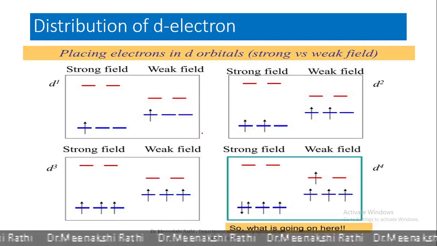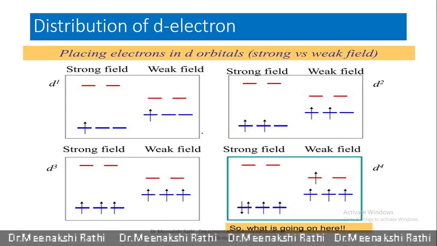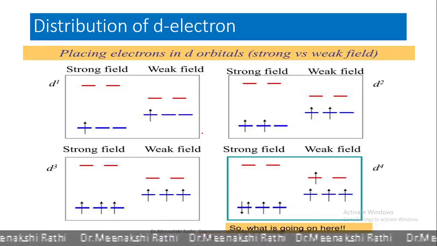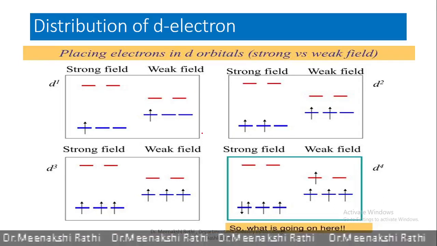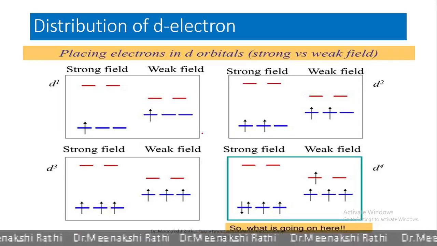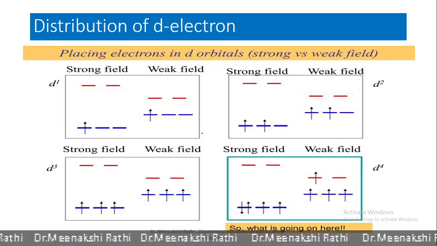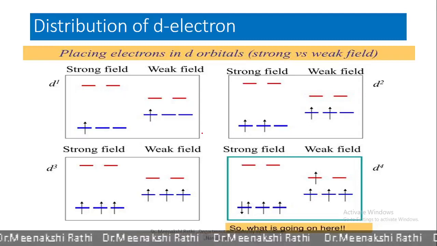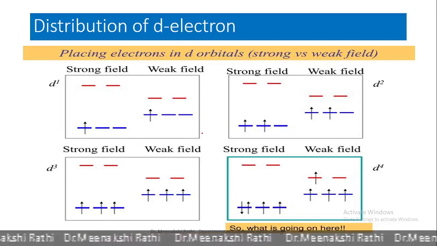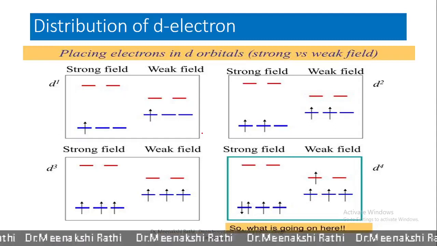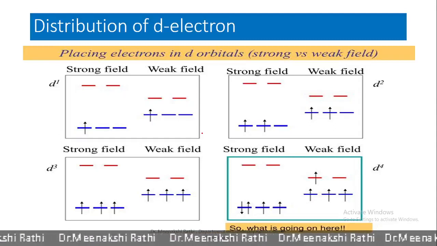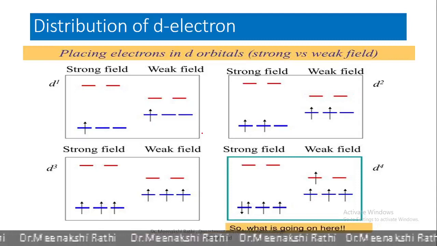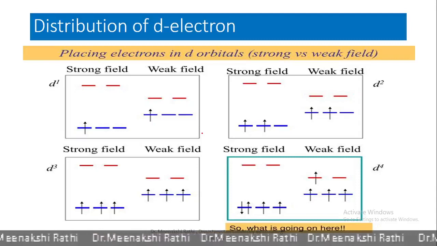Now let's discuss the distribution of d electrons. The d orbitals can hold 1 to 10 electrons. Now how these d electrons are distributed, that we will discuss. First, keep in mind that the d orbitals are filled according to the following rules.